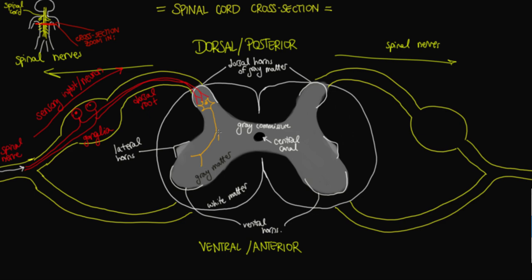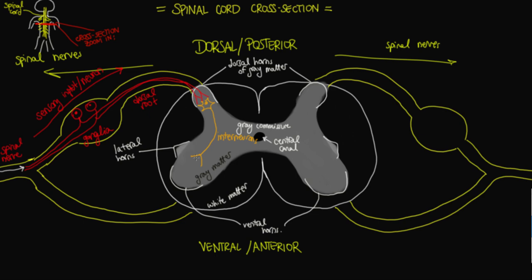So these are going to be your interneurons that receive information at the site of the dorsal horn, and they receive it from your sensory neurons.